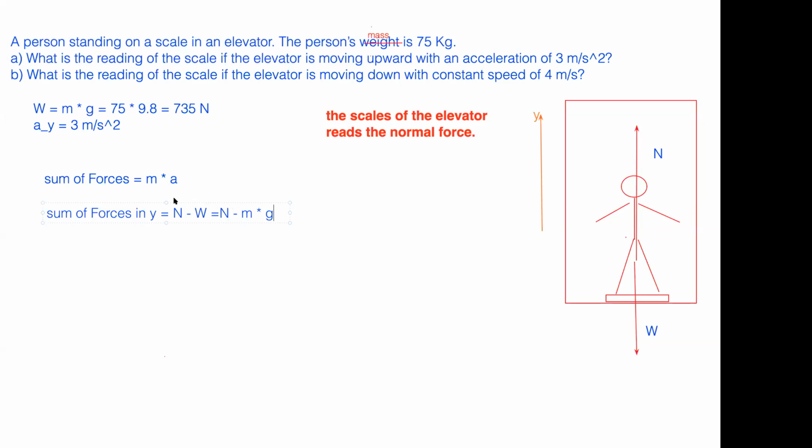So that's as far as the left side of the equation. And since we have it ready, we can start working with the full equation. The left side is the sum of forces, so we have N minus W, and that's equal to the mass times acceleration.